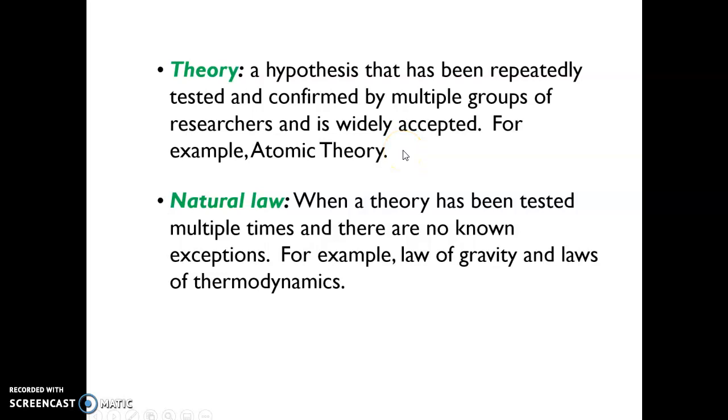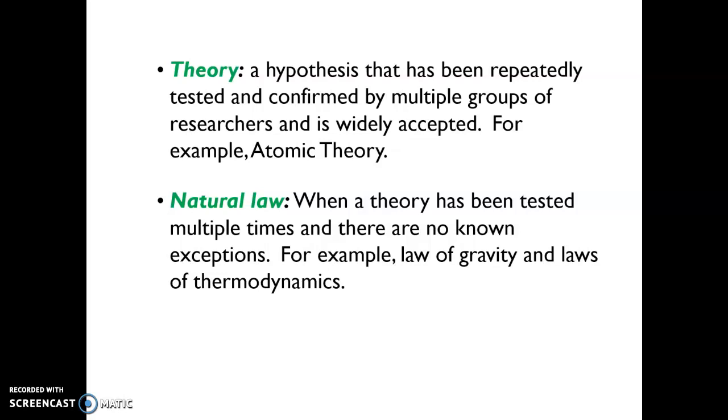An example is atomic theory. So if you've ever watched The Big Bang or studied a little chemistry, you might know that atomic theory basically says that matter is made of individual atoms. And these atoms contain three main parts: a nucleus, which is comprised of protons and neutrons, and an outer shell, which comprises electrons.